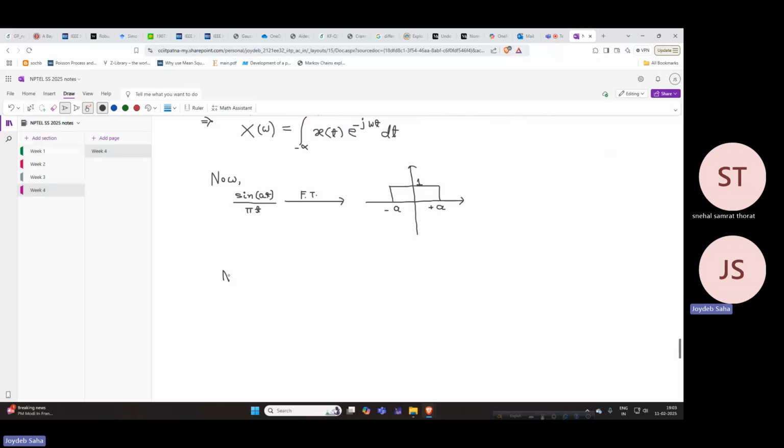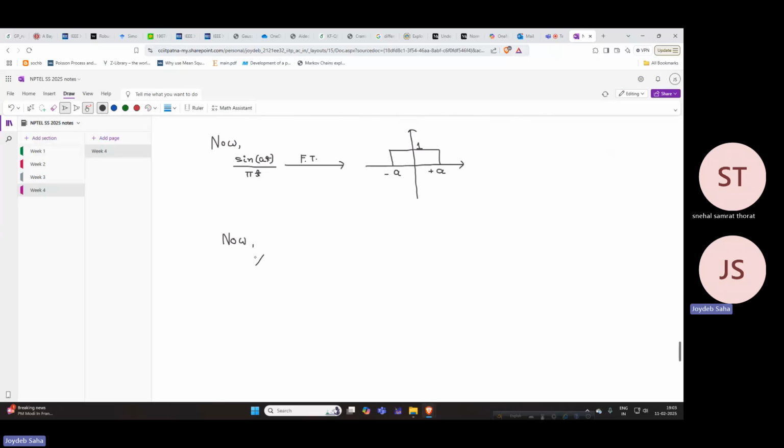We will replace xt here by this. So capital X omega is equal to the integral from minus infinity to plus infinity of sin 80 by pi t e to the power minus j omega t dt.